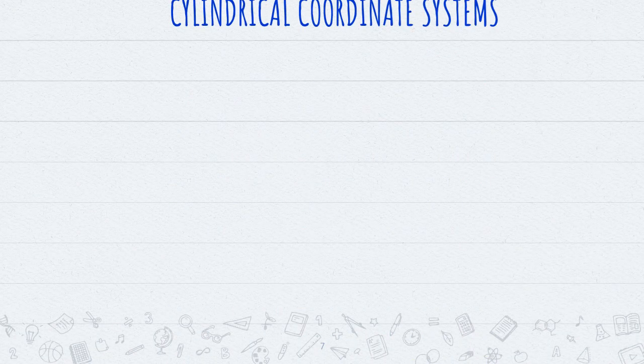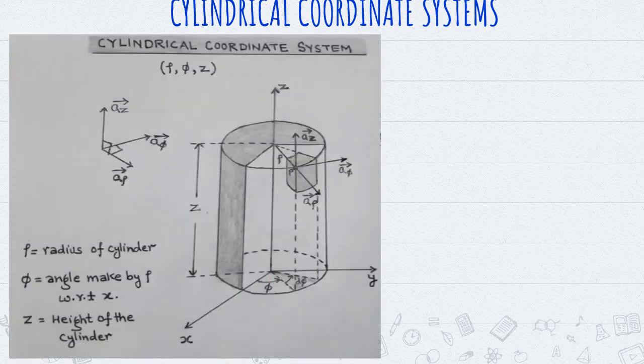Now in this slide we are going to see the unit vectors of the cylindrical coordinate system, as well as the differential elements in detail. Let me see a projection of the cylindrical coordinate system.